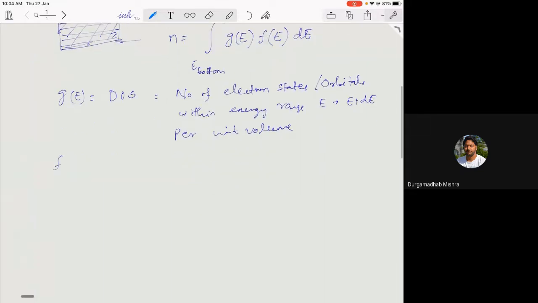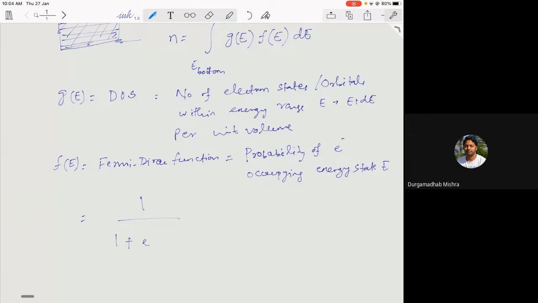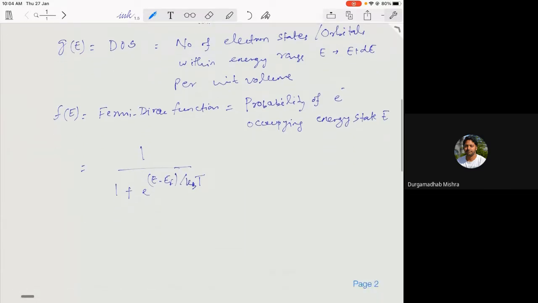And what is your F of E? This is a Fermi-Dirac function, which describes the probability of an electron occupying energy state E, which we define by this function: 1 by 1 plus exponential of E minus EF by kBT. This will be similar to the Maxwell-Boltzmann distribution when E minus EF is much greater than the thermal energy.